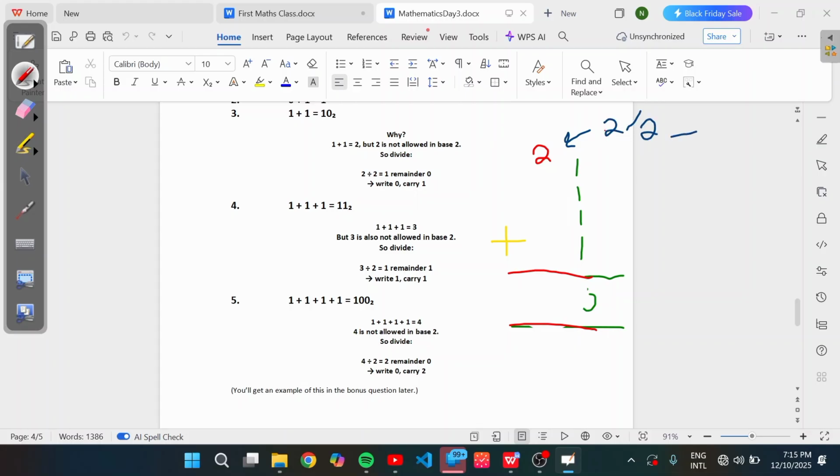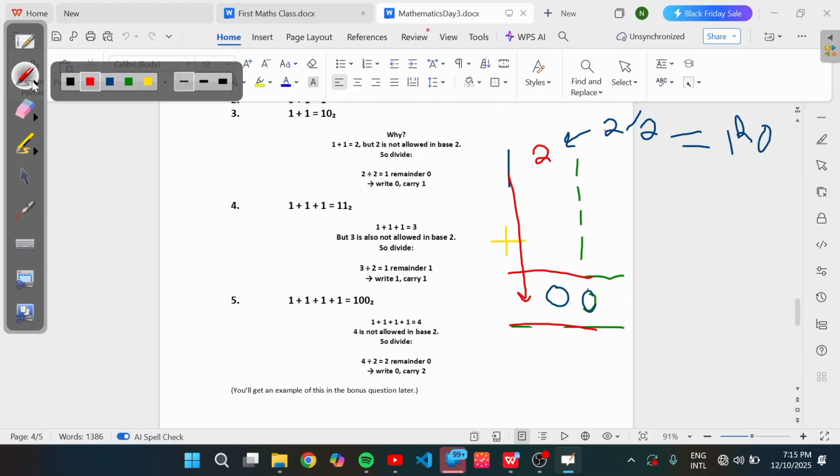And when we do that, we're going to have 1 remainder 0. So let me complete this again. This is 0. So we're going to write down the 0 again and then carry the 1. So put it here. And then very simply drag it because now it's matching the rules. Just put it down here. We're going to have 100 base 2.